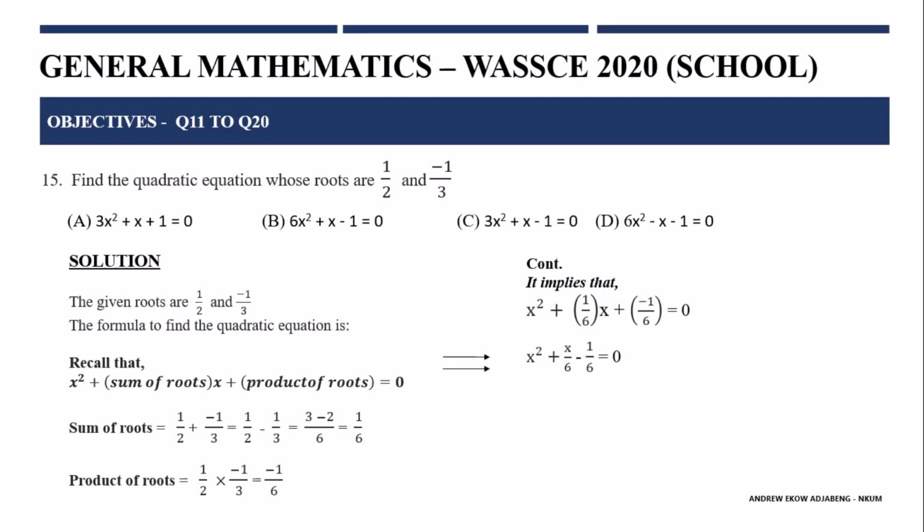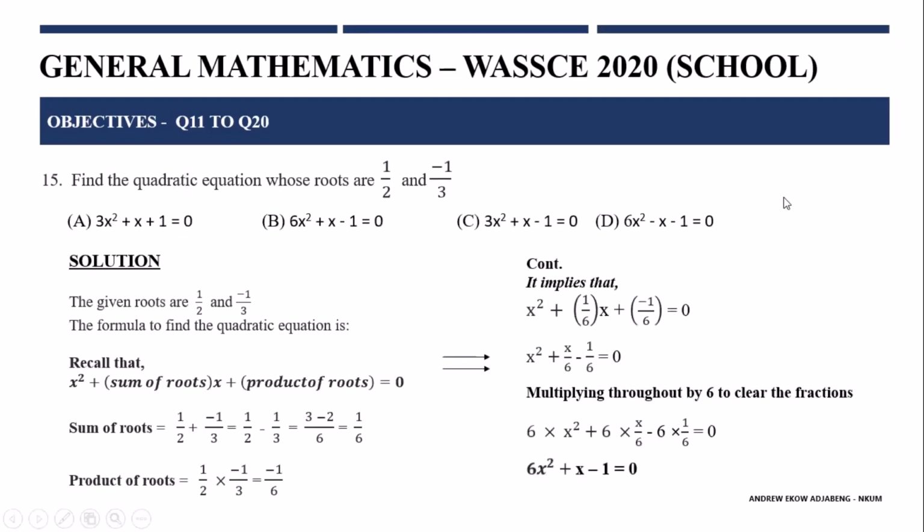Then simplify that: x squared plus x/6 minus 1/6 equals 0. We multiply through by 6 to clear the fractions, and that gives us 6 times x squared plus 6 times x/6 minus 6 times 1/6 equals 0. And that will result as 6x squared plus x minus 1 equals 0.